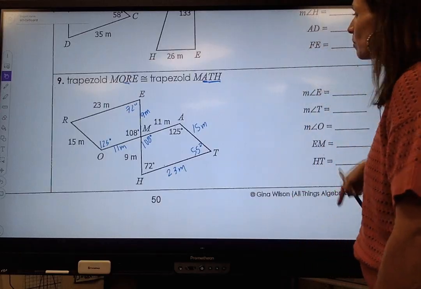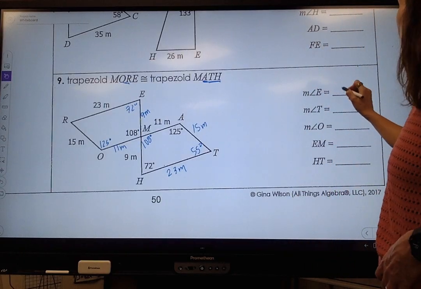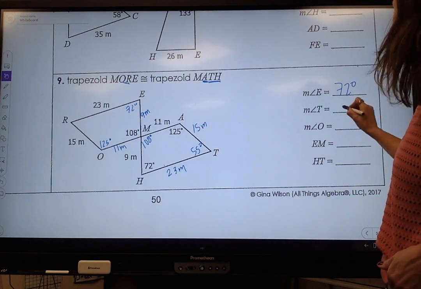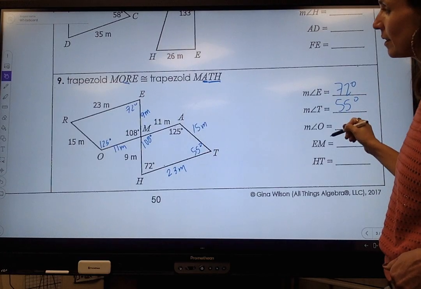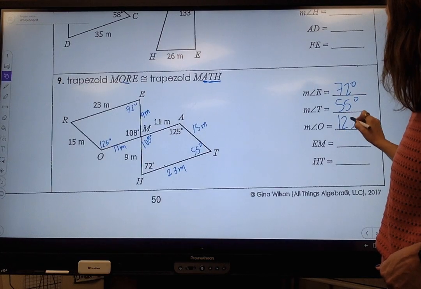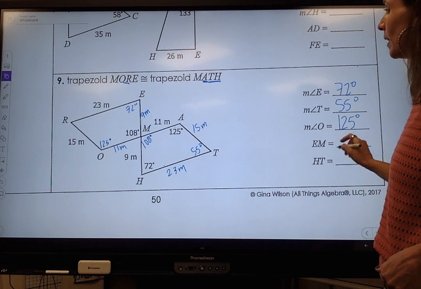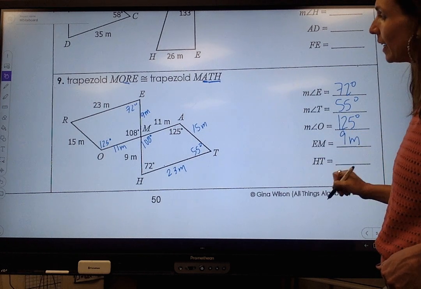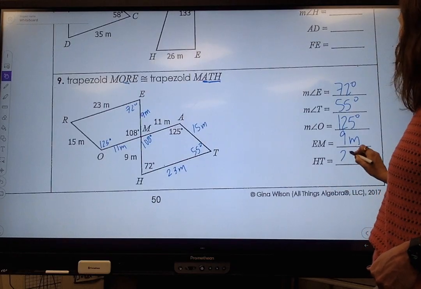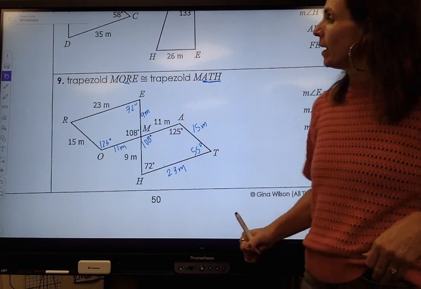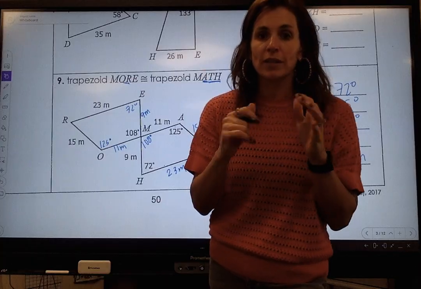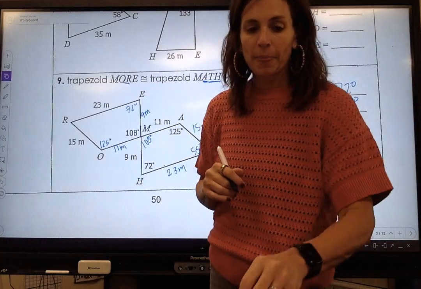And then I can, of course, plug these in. So angle E is going to be 72 degrees. Angle T is 55 degrees. Angle O is 125 degrees. Side EM is going to be equal to 9 meters. And HT is going to be 23 meters. So that's how we fill those Big Daddy congruency statements in. If that's confusing, come see me.